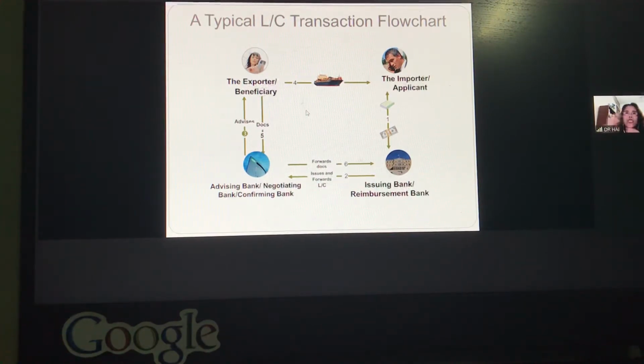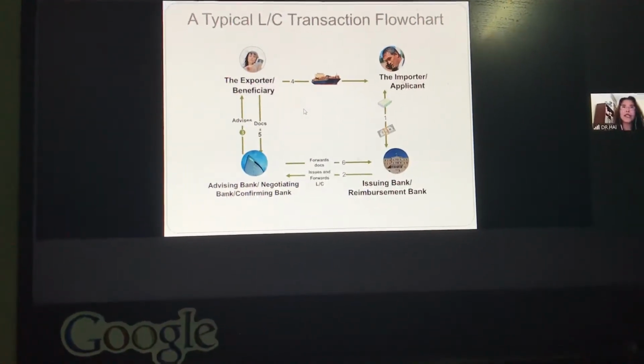And you receive the LC from the advising bank. Based on the content of the LC, you know that from now, the issuing bank becomes the payer, the person who makes payment. Okay.